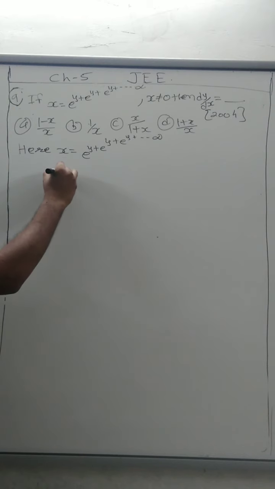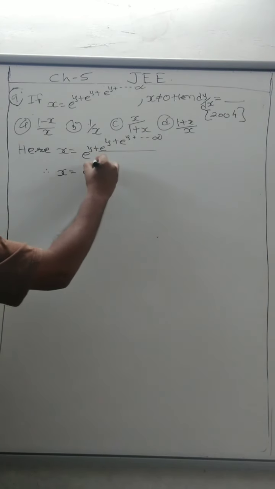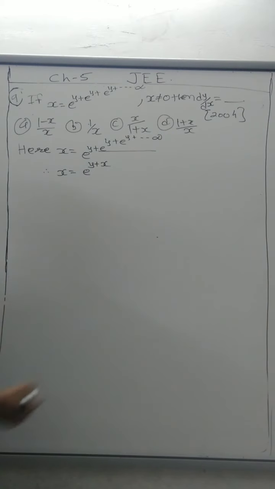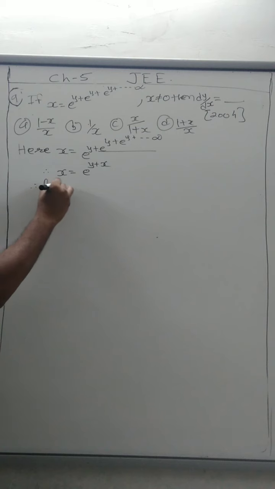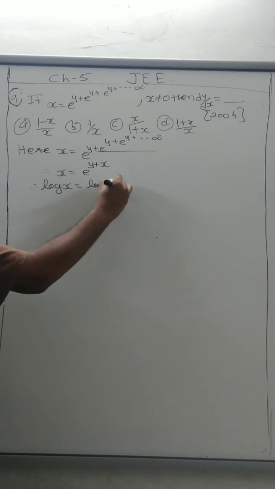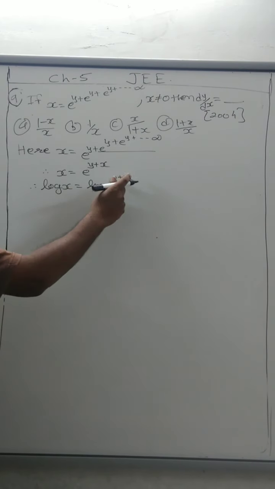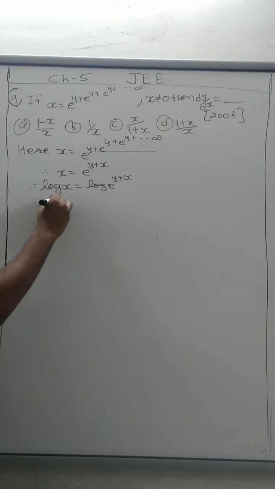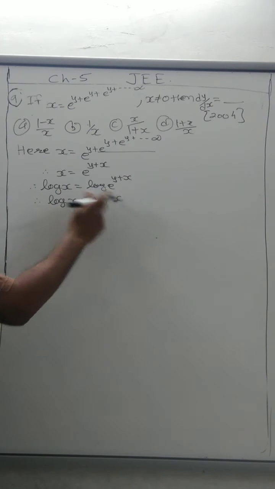So what we have, x equal to e raised to y, and all these terms we take as x. Now we take log on both sides. Taking log both sides, we get log of e raised to y plus x, and this y plus x we are taking one side.